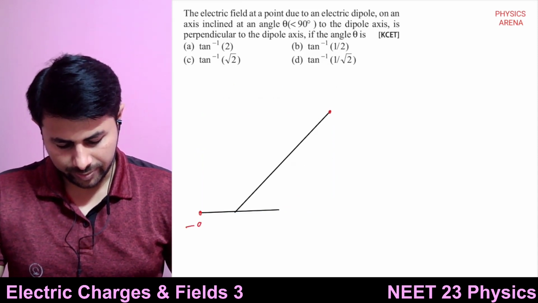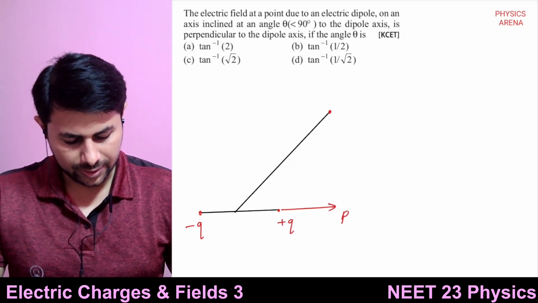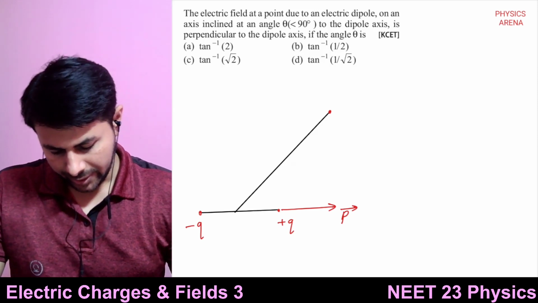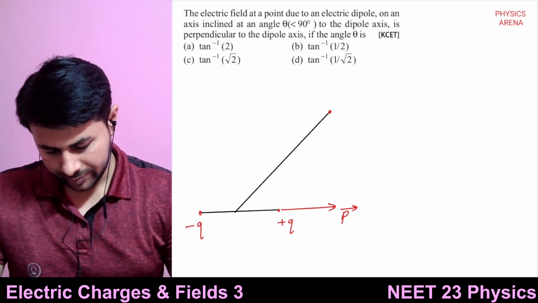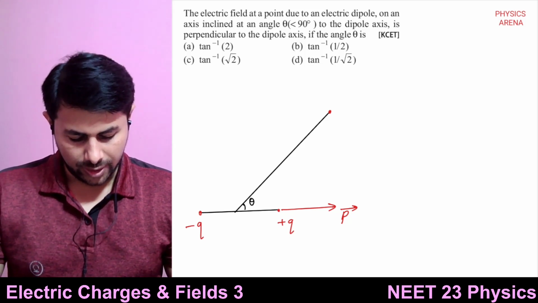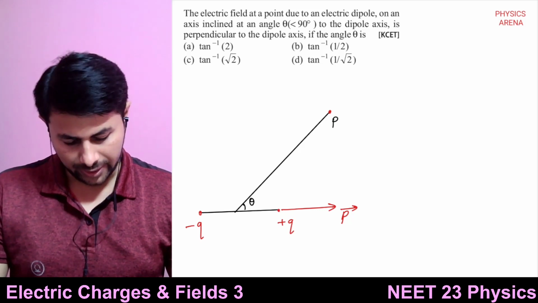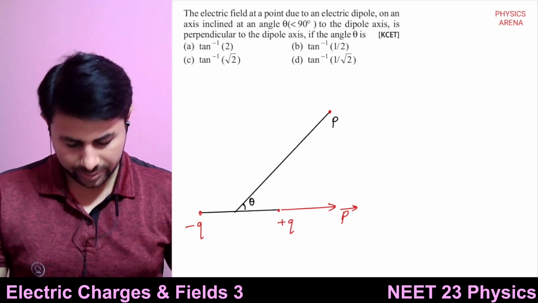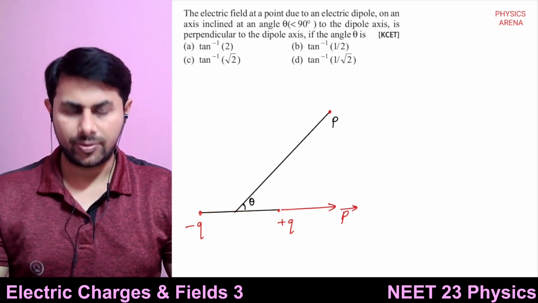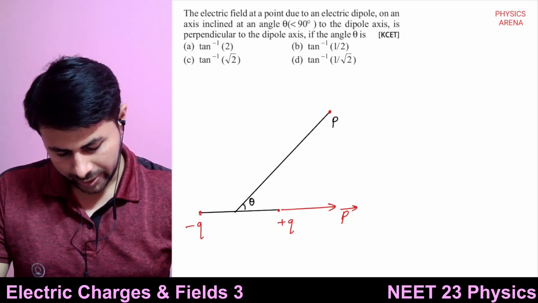Okay, this is minus q, this is plus q, and this is the direction of the dipole moment. This angle is theta, this angle is theta. So we want to find out the electric field at this point, right? So what we had done is we had resolved this dipole along two perpendicular axes. So one along this one.